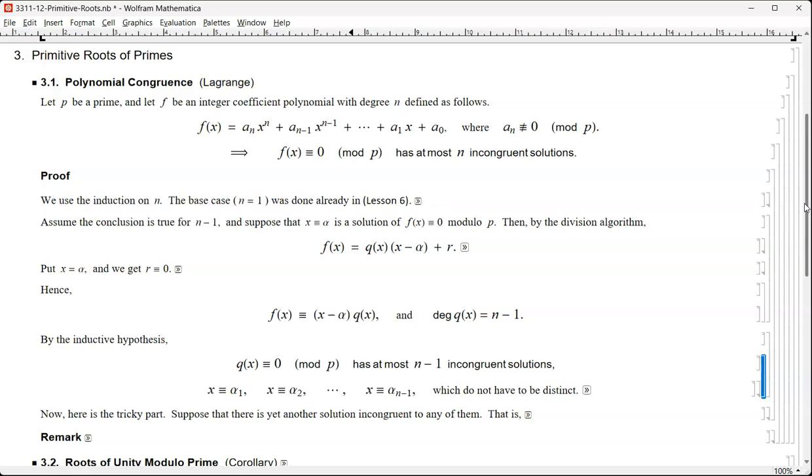If they're all distinct, then we have precisely n minus 1 incongruent solutions. But if there's some overlap, some redundancy, then fewer than n minus 1, and that's okay, because the claim says at most n minus 1 incongruent solutions.